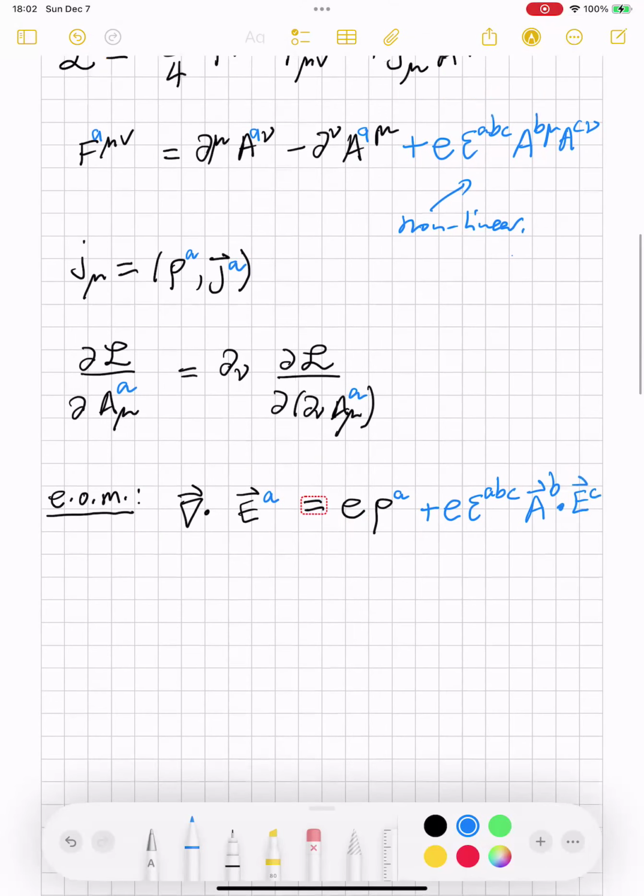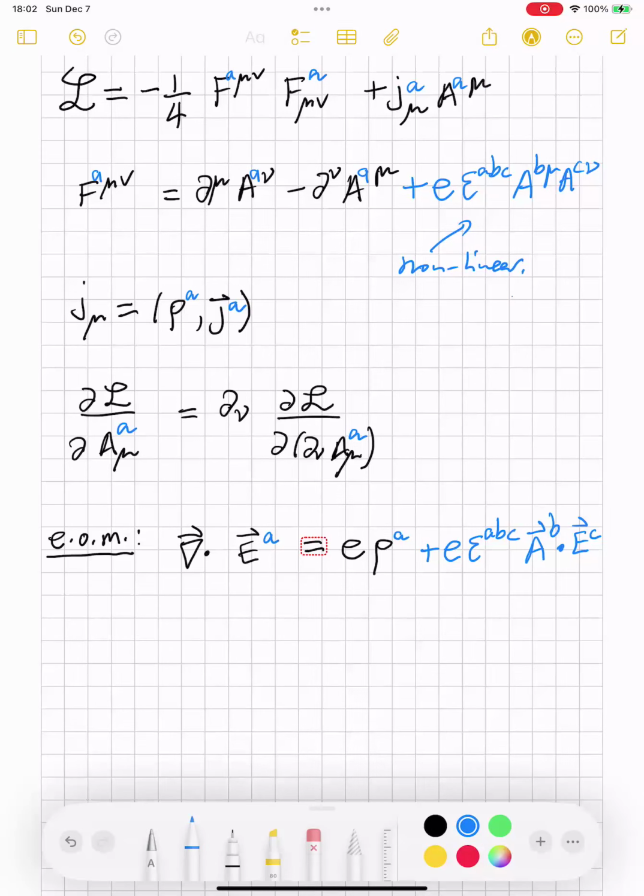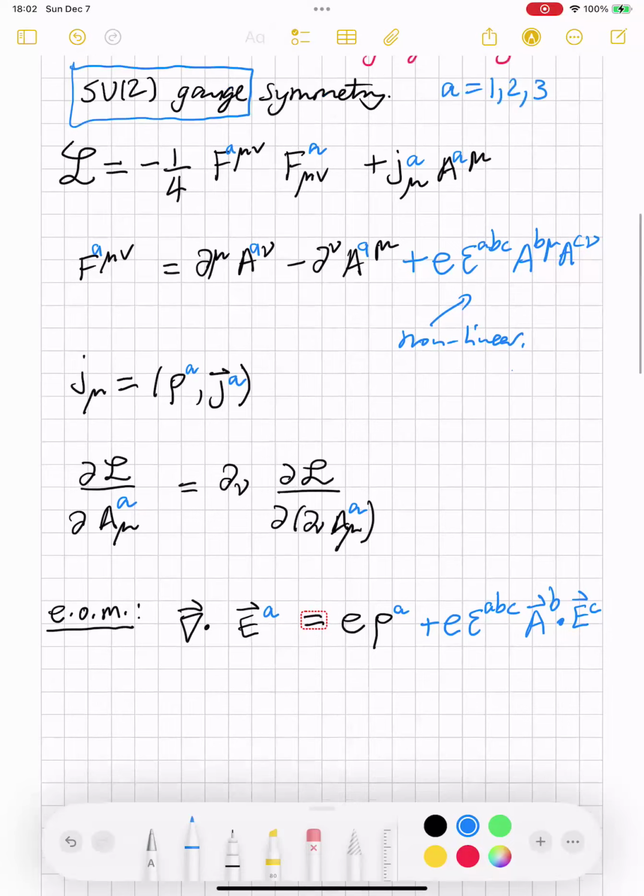So what you can see is before, just the charge density acted as a source for the electric field. So only external charge densities could set up electric fields. Now we see that because this photon couples to itself, it's a non-linear theory. And on the right-hand side, we've got some components which don't come from external sources. They are just because now these photons interact with themselves, these different types of photons.